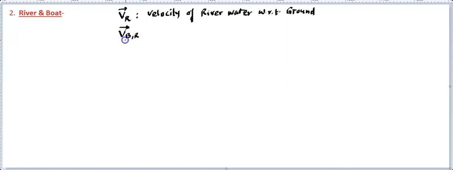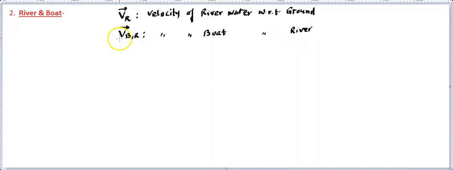But the point is, somebody who wants to swim or float or row on this river, and another is going to be river or water. So notations can vary, but the meaning remains the same. So this is going to be velocity of boat, B for boat, and this is with respect to river.